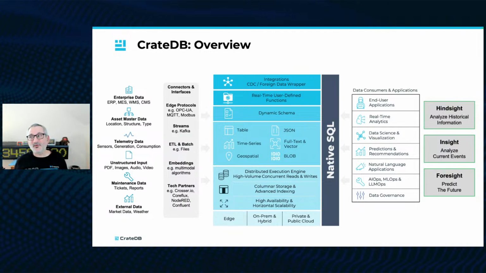For those of you who are not familiar with CrateDB, this is quite a complicated diagram that covers everything. You don't need to know all about this for today's session. What we can take from this is that CrateDB is a database that specializes in analytics and real time. It organizes data into tables, and it supports all sorts of different data types.